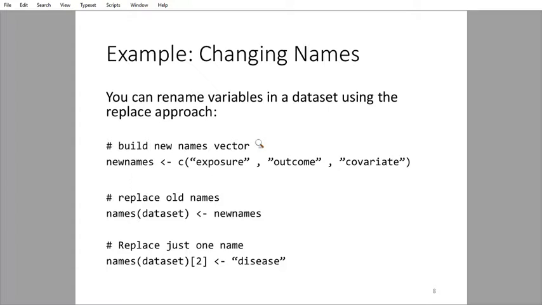And this is persistent because it's actually affecting the object itself. And if I want to make my expression specific to the second name of the data set, I can also overwrite just that. As long as the length on the right matches the length on the left, you're fine. You can do whatever you want.